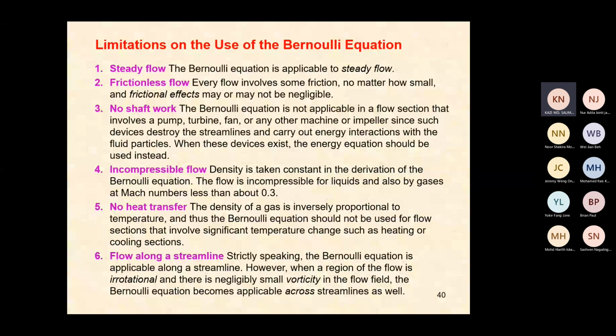And flow along a streamline: strictly speaking, Bernoulli's equation is applicable along the streamline. When a region of the flow is irrotational and there is negligible vorticity in the flow field, Bernoulli's equation becomes applicable across the streamlines as well.